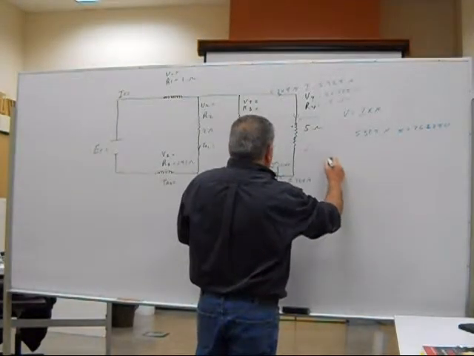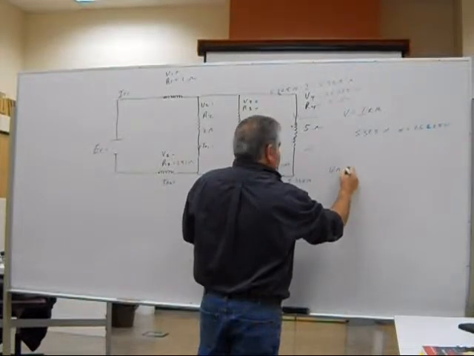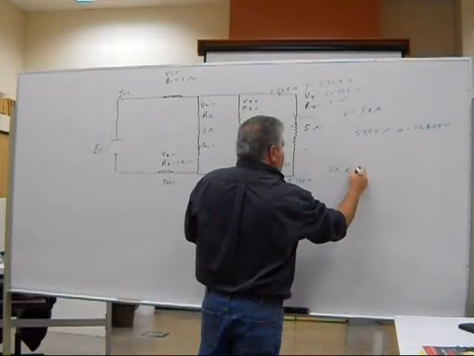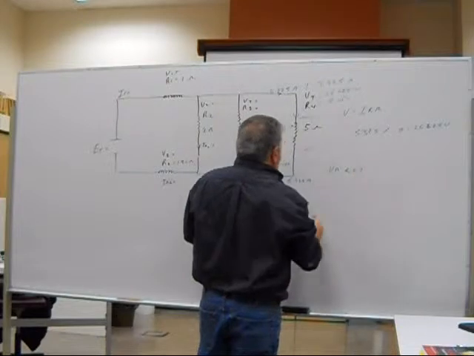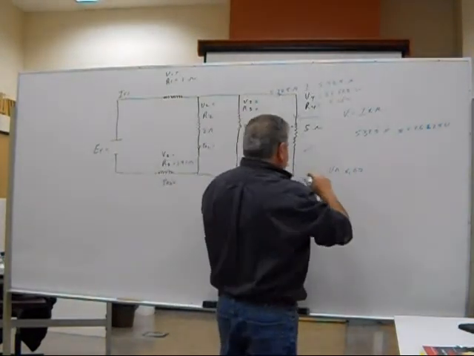So our V for R5, 6, and 7, because they're all in parallel, the voltages will be the same, right?